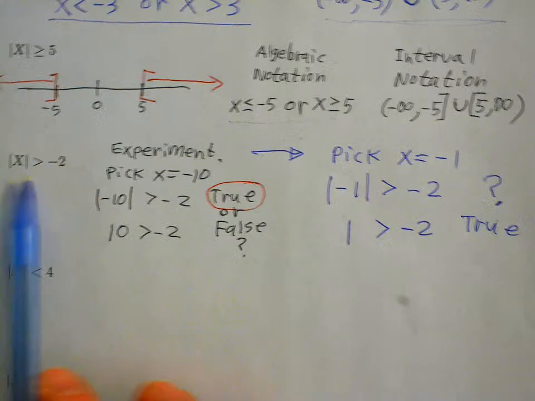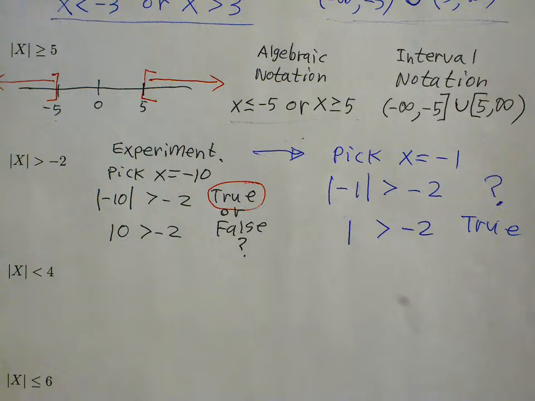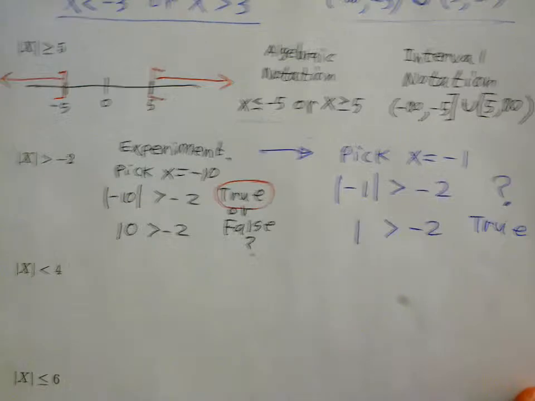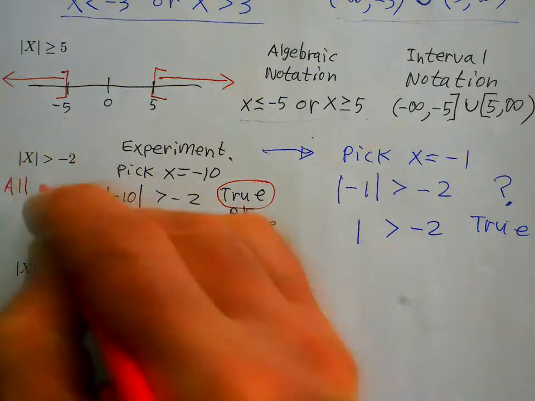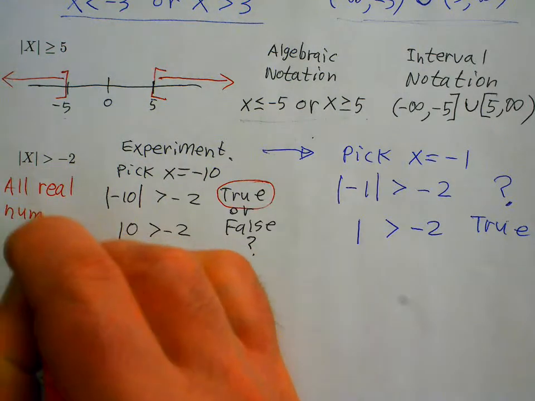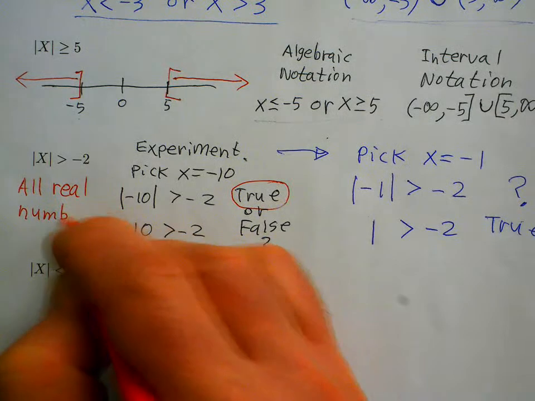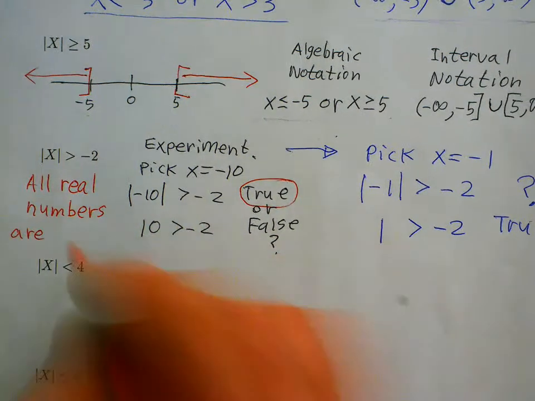So for this inequality, the solution set is all real numbers. All real numbers are solutions.